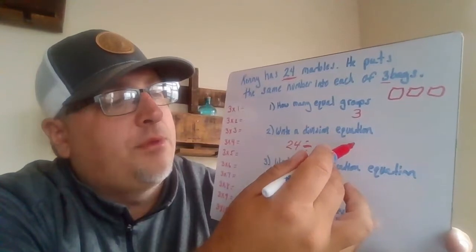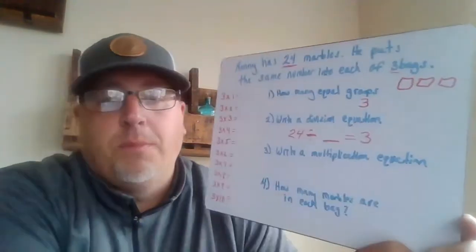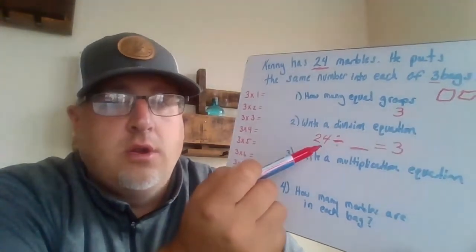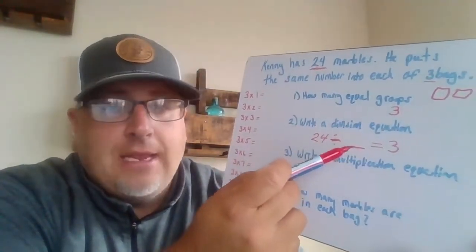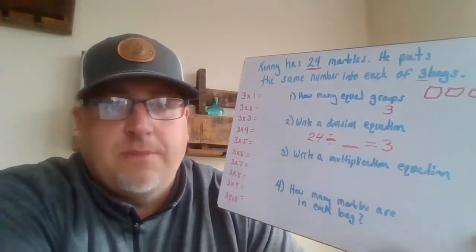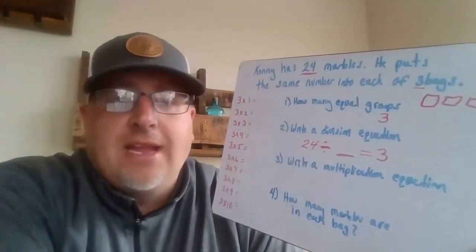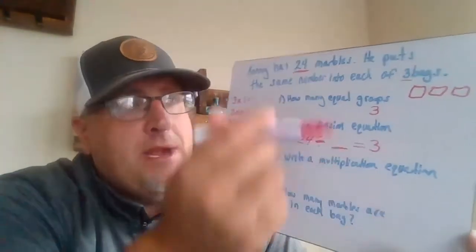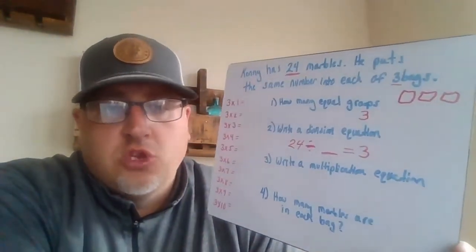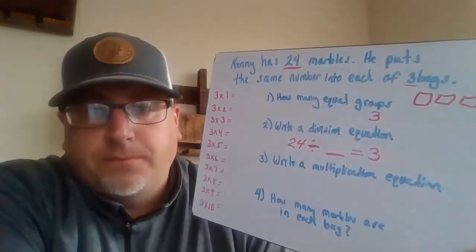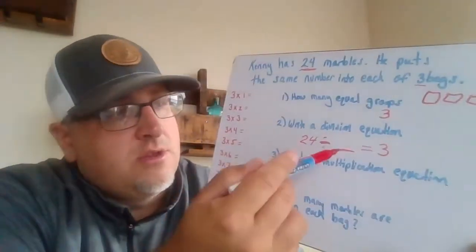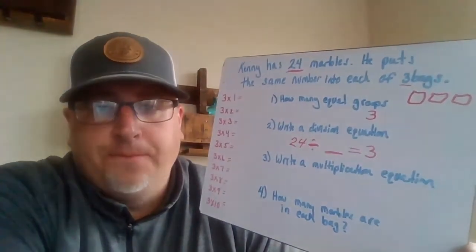And we know we have 3 equal bags. Okay? So that's what we're solving for here. 24 divided into how many in each bag will give us 3 bags. So we're trying to find how we're going to divide 24. We want to solve how many are going to be in each bag. So we wrote the equation 24 divided by, not sure, equals 3. That's the answer we're looking for, okay?